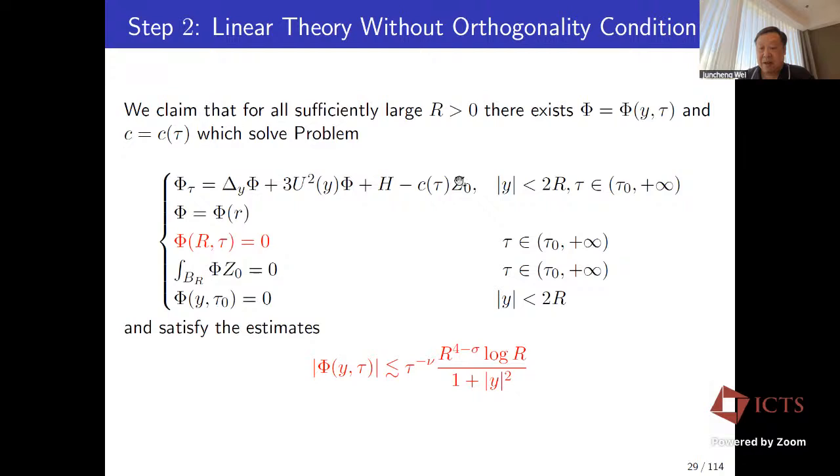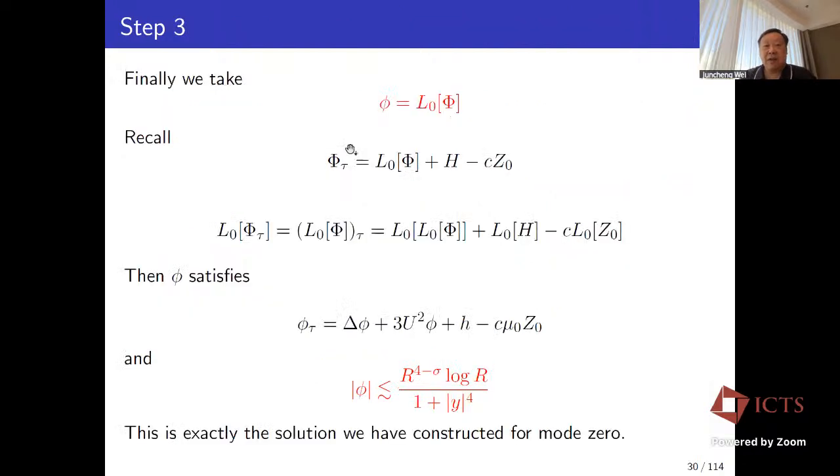So the new solution, the little phi, which is L0 phi, satisfies phi tau equals L0 phi plus h. This is because L0 H equals little h minus h, right?